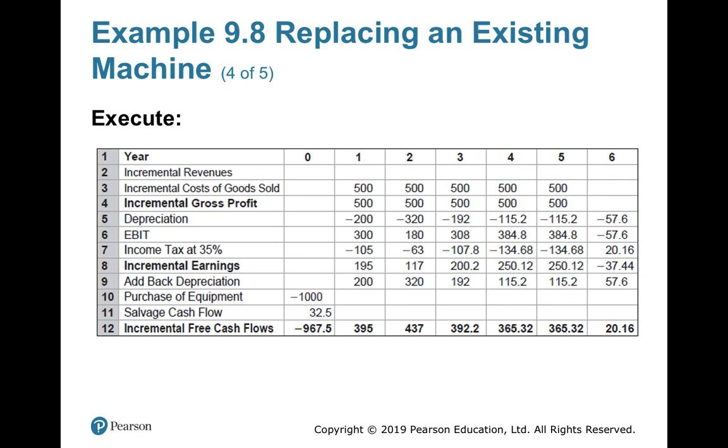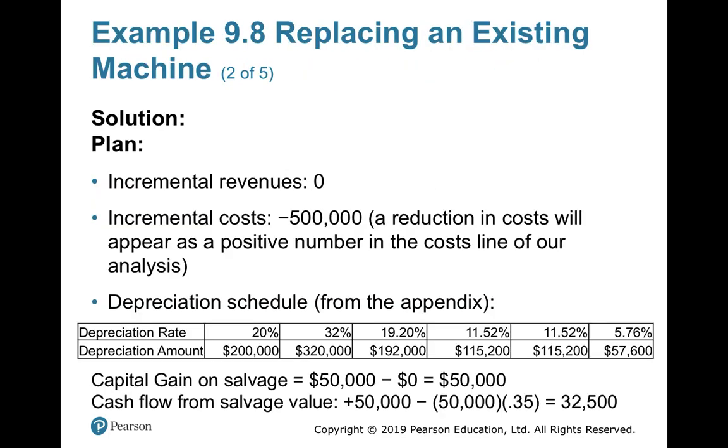But there is a salvage value, 32,500 post tax. You sell it for 50,000, and there is no written down value, the asset is completely depreciated. So 50,000 minus 0 is 50,000 capital gain.